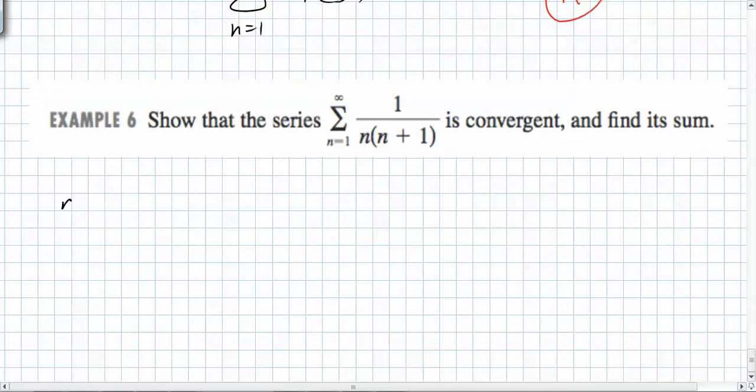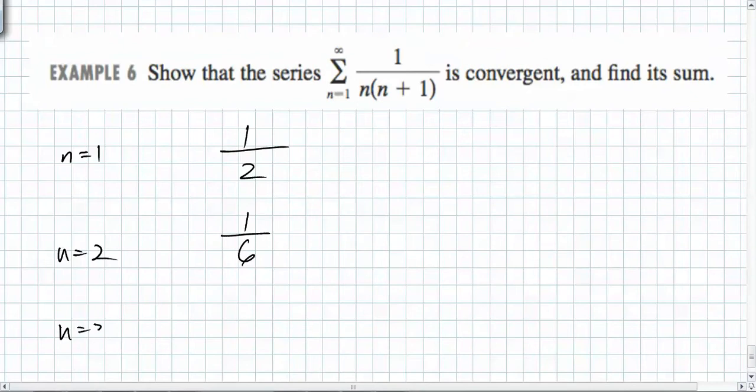So, what should we do first? What did we do on the last one? Just write it out. 1 over 2. N equals 2. What's it going to be? Yes, you could do it as, that's overkill in this case. 1 over what? 6. And then n equals 3. 1 over 12.